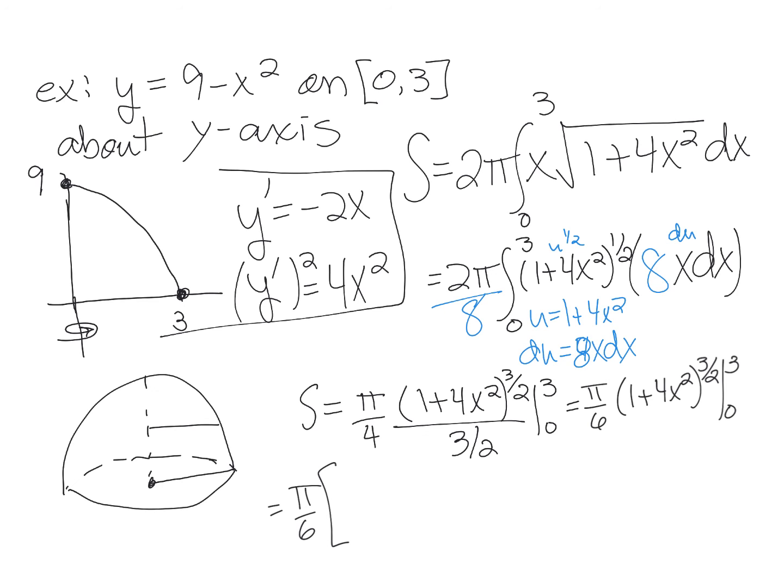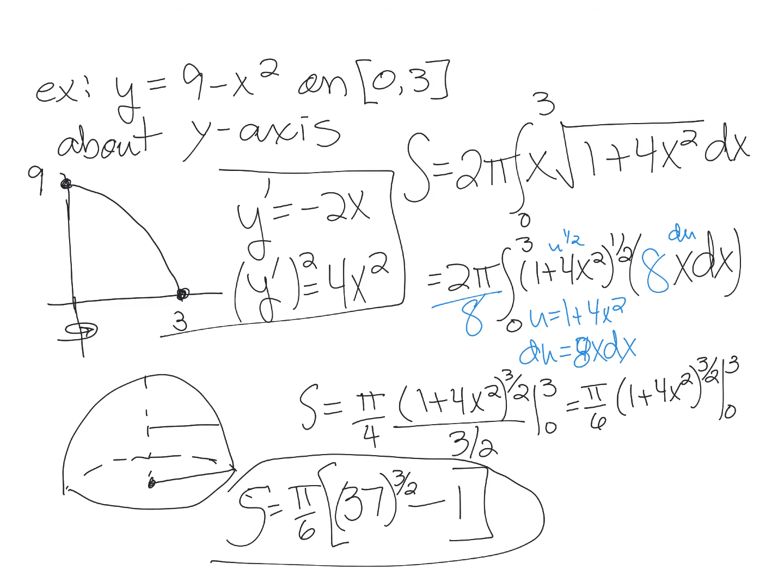When I plug in the 3, I'm going to get 4 times 9 is 36, plus 1 is 37, so to the 3/2 power, minus, plugging in the 0 right here, I get a 1. Again, this is ugly, but it is exact. And if you stick it in your calculator, 117.3 something.